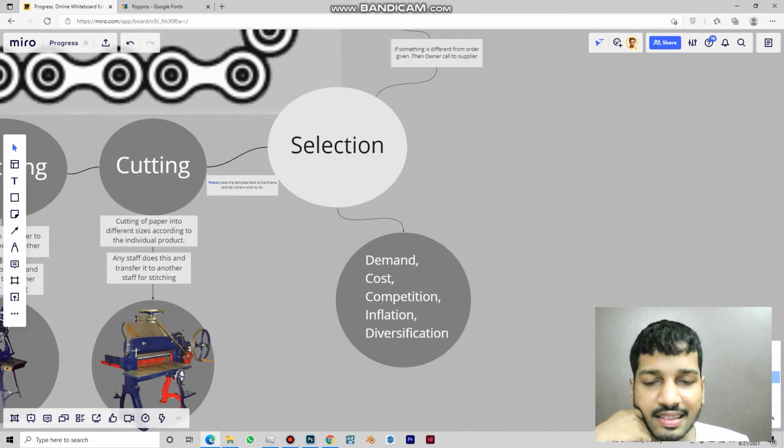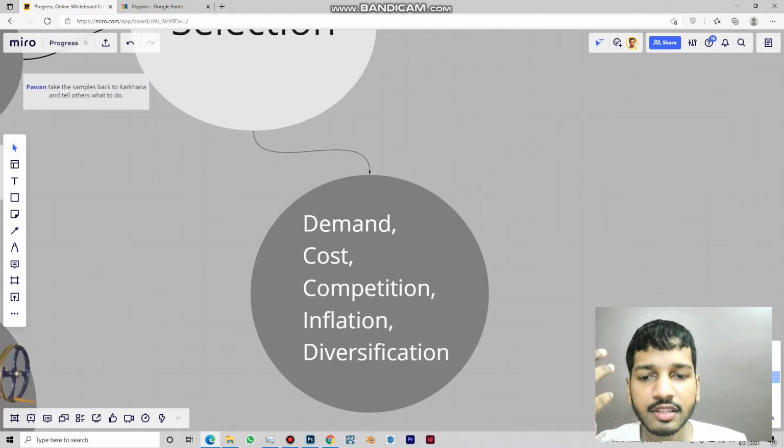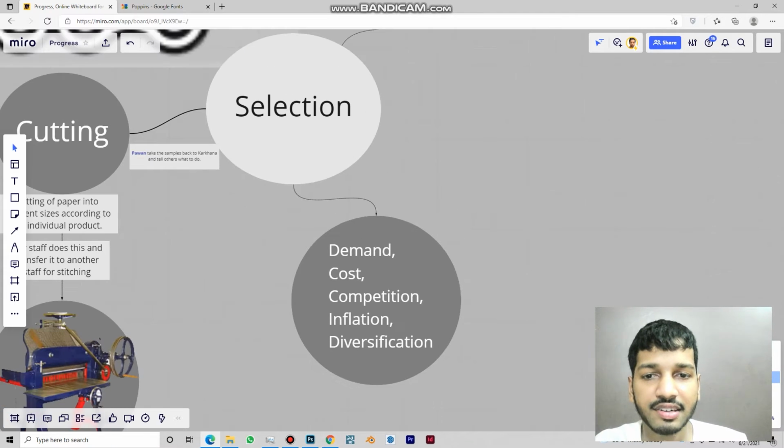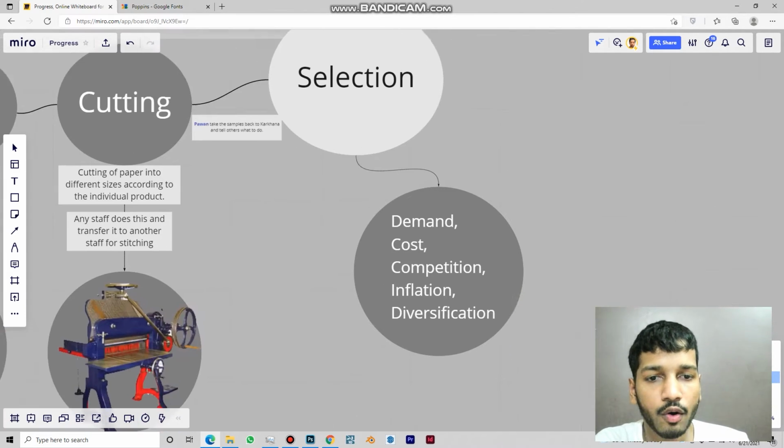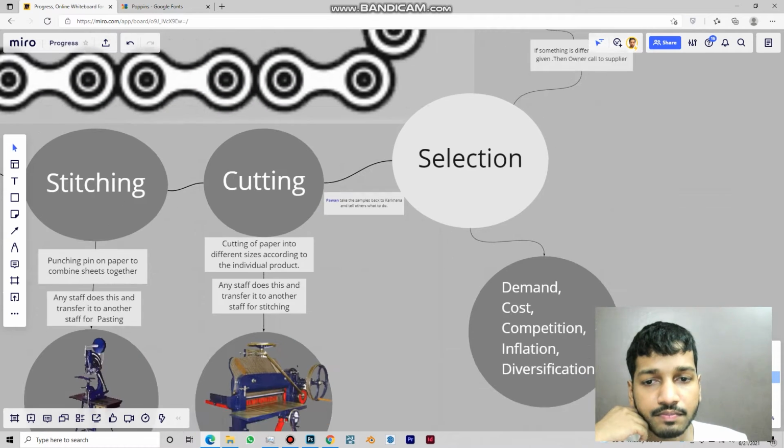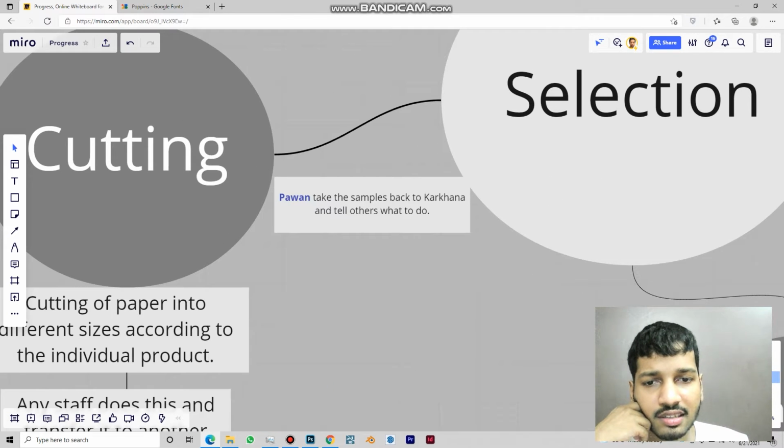So these are the points that she said. I wrote them down in a more terminological way, like demand, cost, competition, inflation, diversification. On these bases they make the selection, then Pawan takes it back to the Karkhana. This is the same person who brought it to the shop.